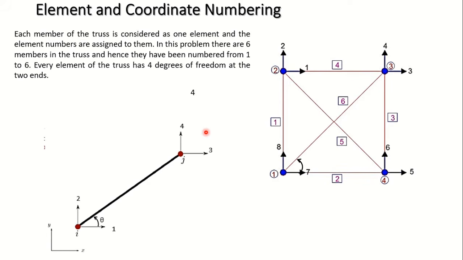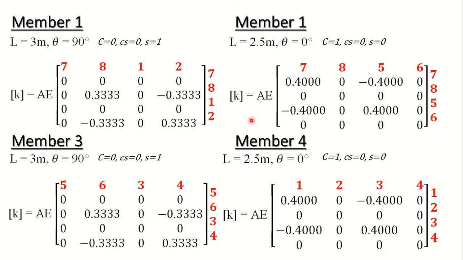If I take out this member from this truss, at joint 1 there are two coordinates, 7 and 8, whereas at joint 2 there are two coordinates, 1 and 2. So those coordinates have been written over here while developing this element stiffness matrix: 7 and 8 at joint number 1, 1 and 2 at joint number 2. Similarly, these numbers represent the coordinate numbers at the two joints of the element.